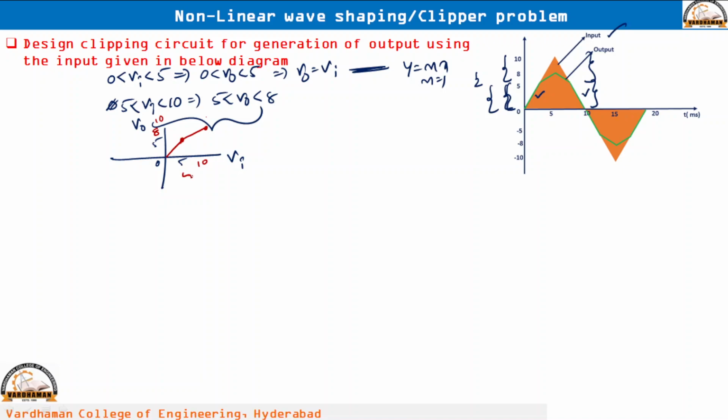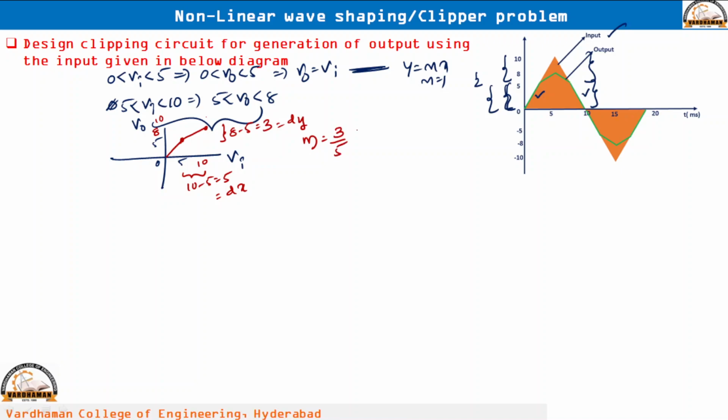From here to here the change in input is 5 volts, but from here to here the change in output is 3 volts only. So, 8 minus 5 is 3, and 10 minus 5 is 5. This is called the change in y variable, this is called the change in x variable. So, slope m is equal to 3 by 5, change in output by change in input.